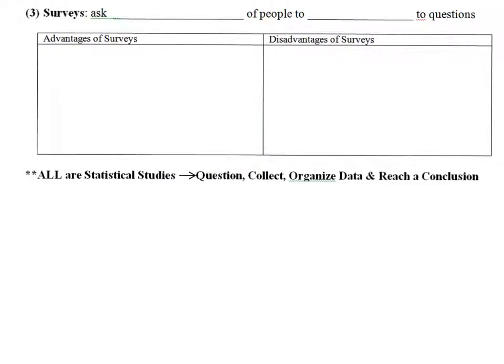The last kind of statistical study that's going to be important for us in this unit is called a survey. I'm sure that many of you have participated in surveys in the past. Within a survey, we are going to ask groups of people to respond to questions. These questions can take many different formats.